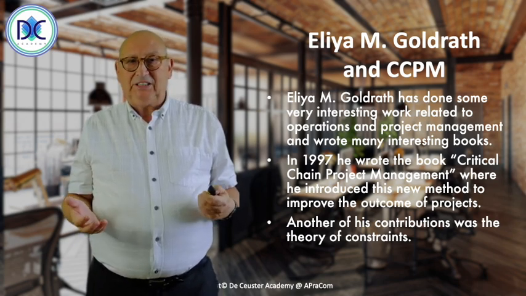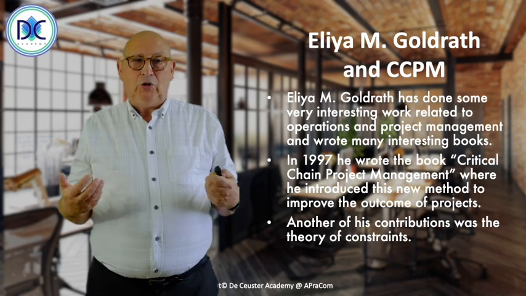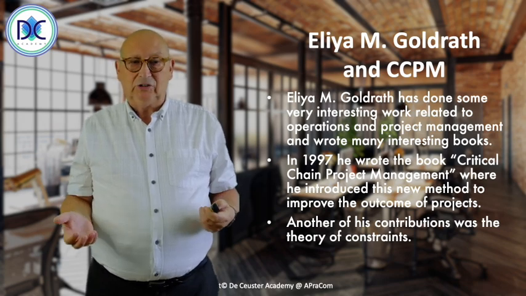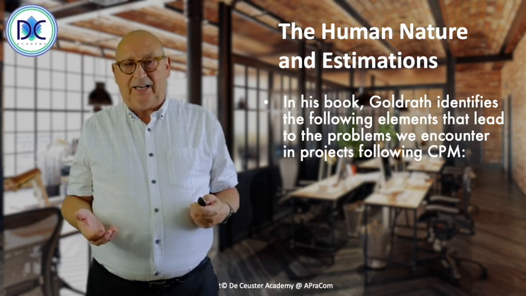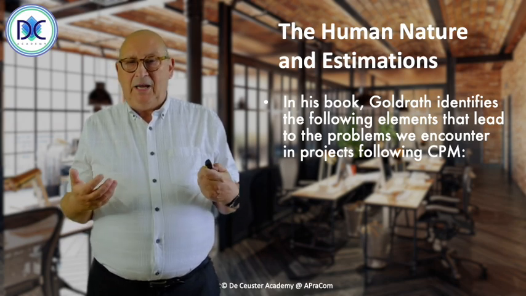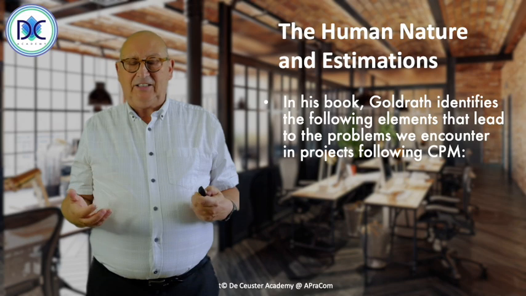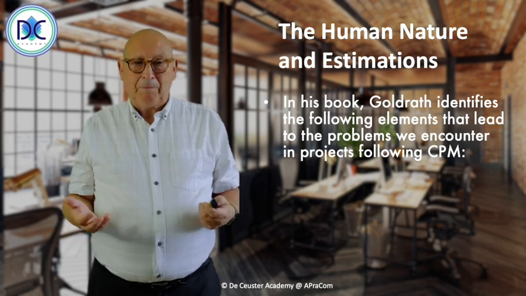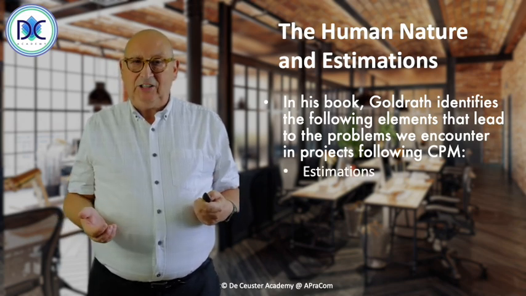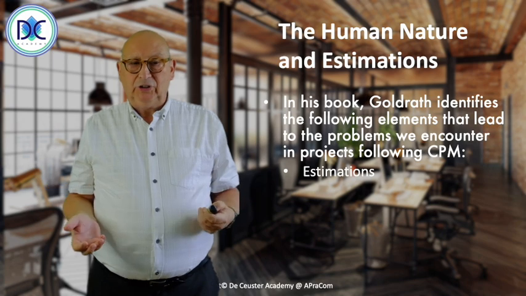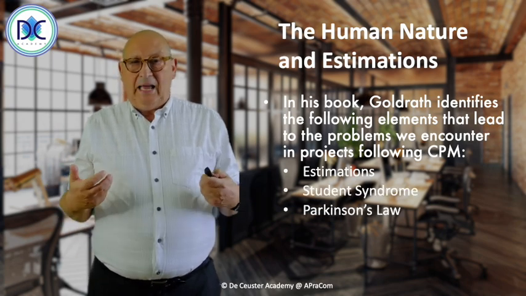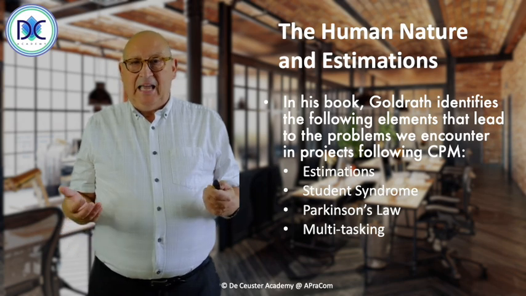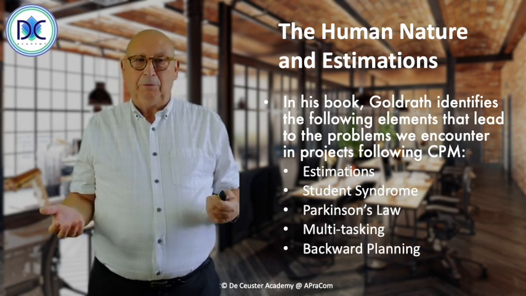One of the elements in the course is about human nature and estimations. When we look at the book of Goldratt, we see some elements that are in fact causing issues. It's about estimations, the student syndrome, what's called Parkinson's law, multitasking, and also backward planning.